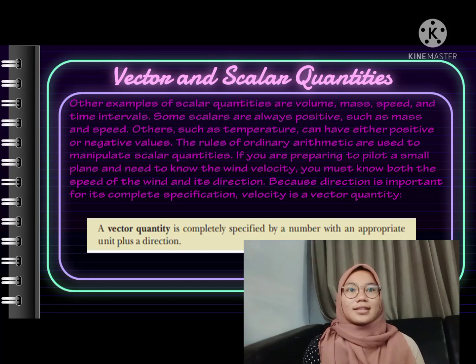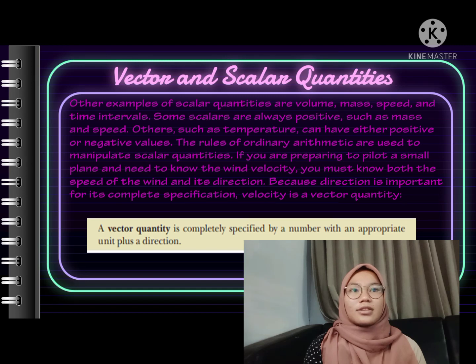Other examples of scalar quantities are volume, mass, speed, and time intervals. Some scalars are always positive, such as mass and speed. Others, such as temperature, can have either positive or negative values. The rules of ordinary arithmetic are used to manipulate scalar quantities.